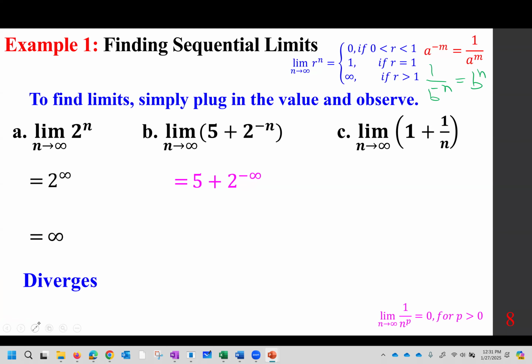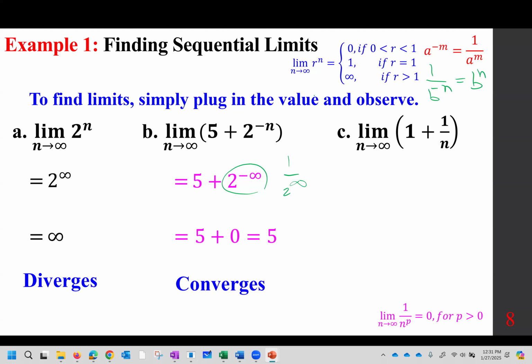So this means one over 2 to the power of infinity, which means 1 over infinity, which means 0, and therefore it's 5 plus 0, or 5, and it converges.